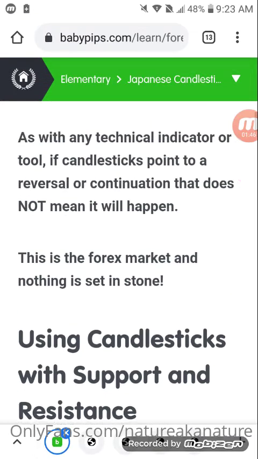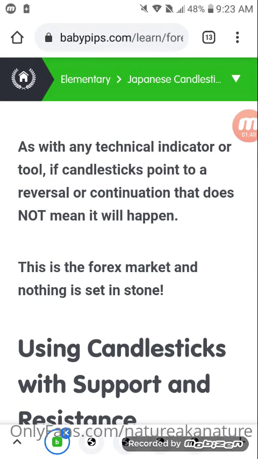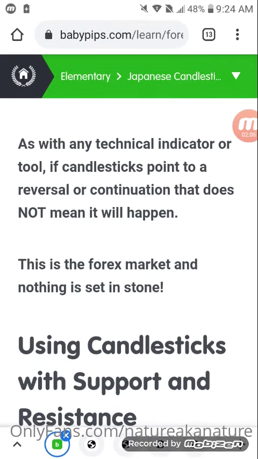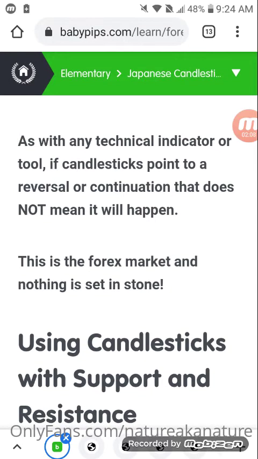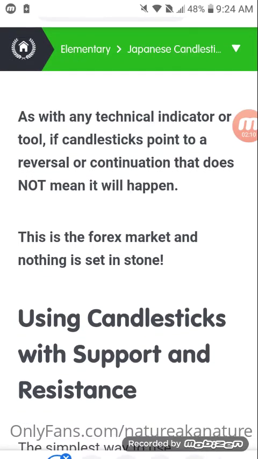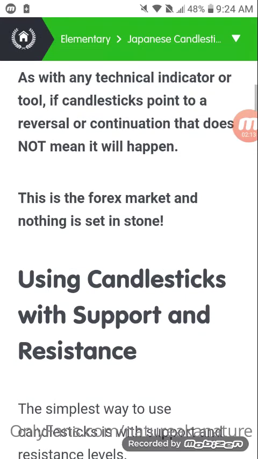Sometimes we just can't go off what the candlesticks are saying. We have other technical indicators too that you will know about later on in more videos in the future. But if candlesticks point to a reversal or a continuation, that does not mean it will always happen. This is the Forex market and nothing is set in stone.